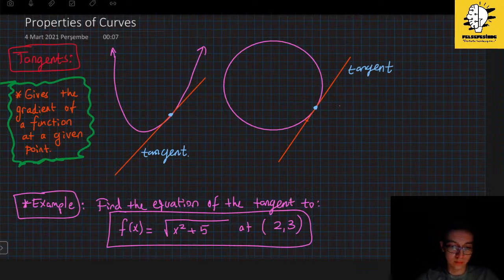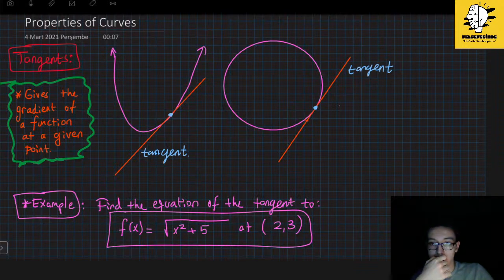Okay, so let's see the idea of tangents. As I told you in the beginning of the video, wherever we draw a tangent to a point on a function f(x), we can find its slope at that point by taking the differentiation.